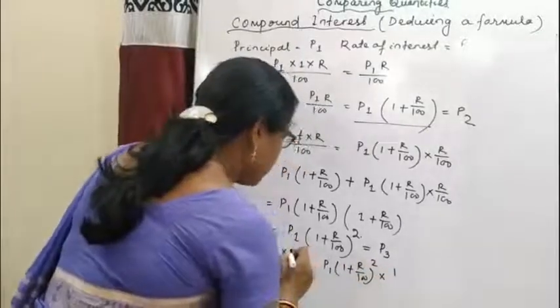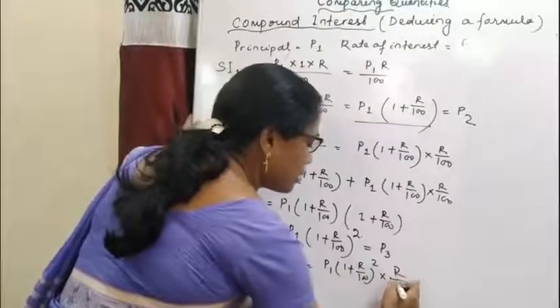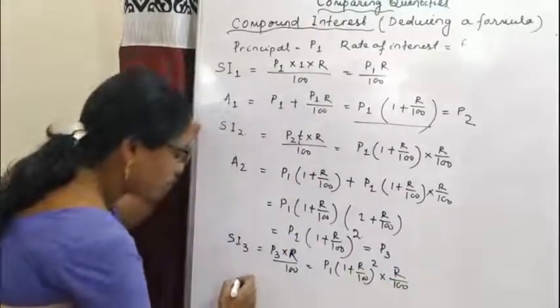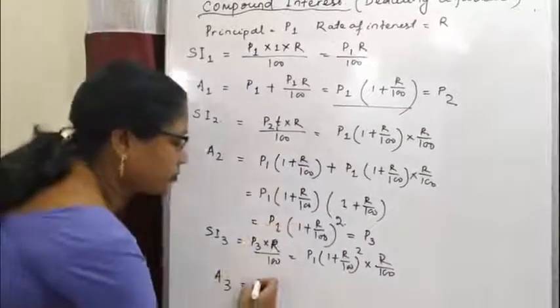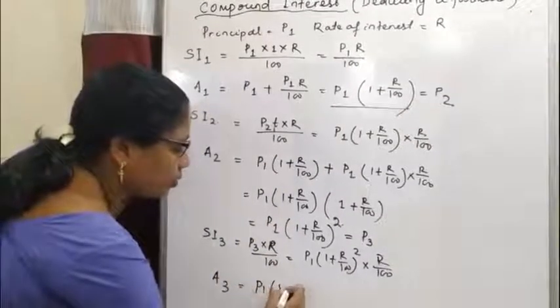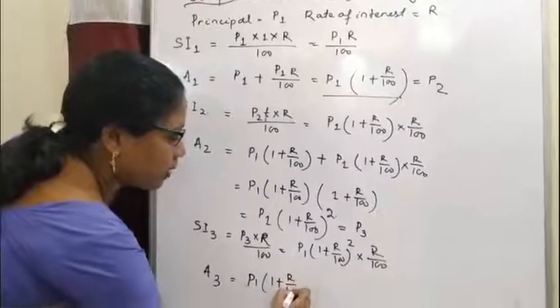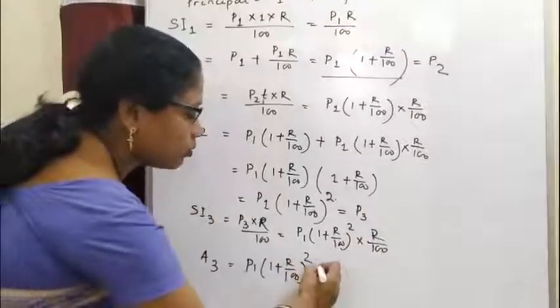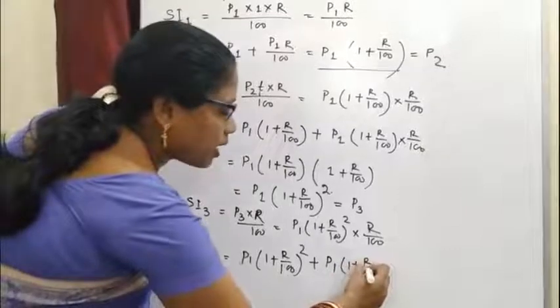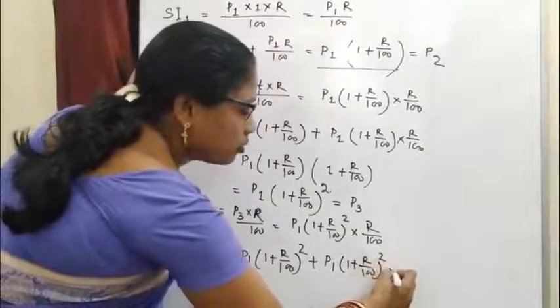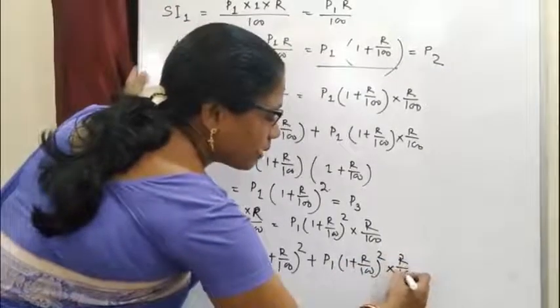Then what is amount 3? What is P3? This is P1 into 1 plus R by 100 raised to the power 2, plus P1 into 1 plus R by 100 raised to the power 2 multiplied with R by 100.